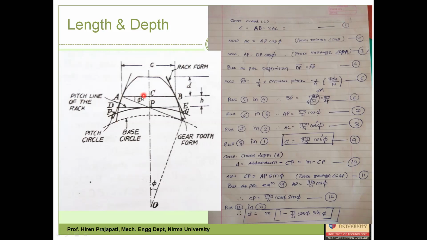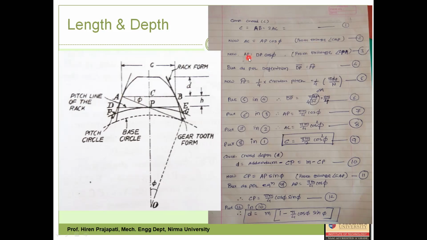Now for AC, if you look at this triangle, we have one right angle triangle, ACP. In triangle CAP with angle phi, if you apply the cos phi principle, then AC is equal to AP cos phi. So that is our equation number 2. Next I need to find AP.